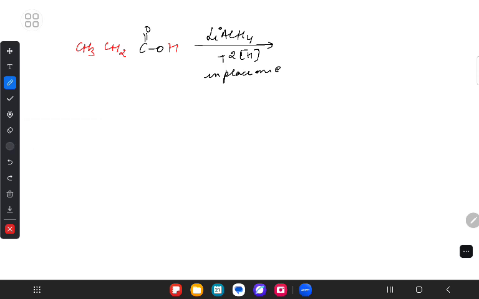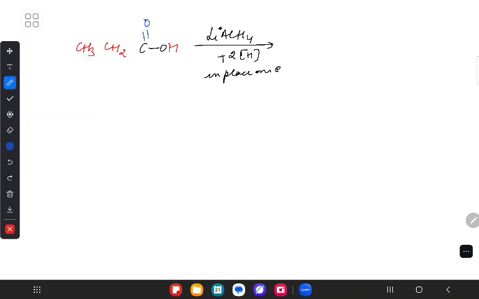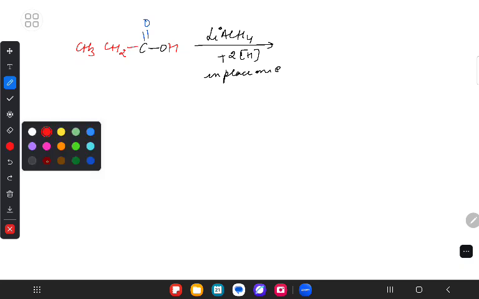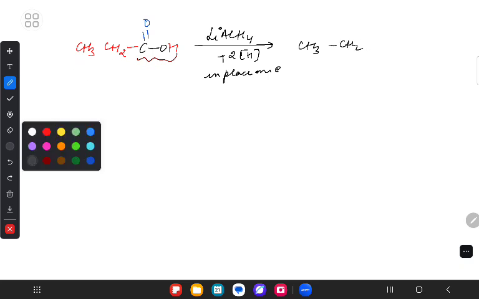Are we understanding? Any doubts on this? Understood. So a direct method, I would say, keep the CH3CH2 part as it is because that has got nothing to do with the reduction part.